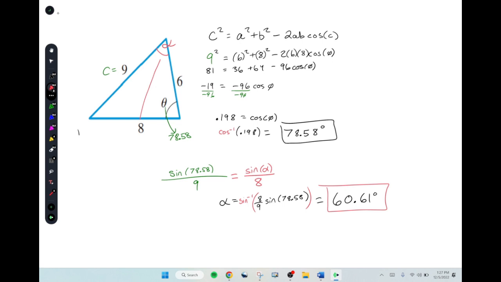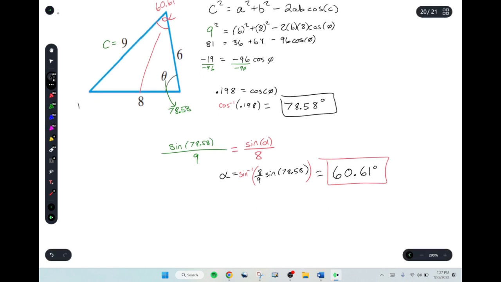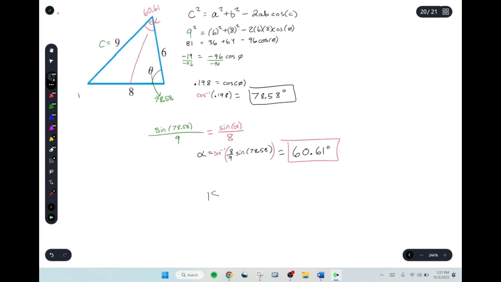Yes? Same. Okay, sweet. So now you could do the law of sines again, but you don't have to. You tell me why we don't have to do that. Yeah, that's a little easier to me at least. It's honestly not that much. No, that's easier than doing two sines. So then you would do 180 minus 60.61 minus 78.58.